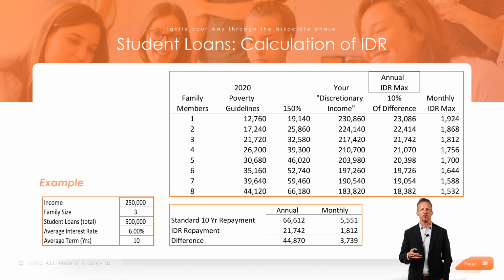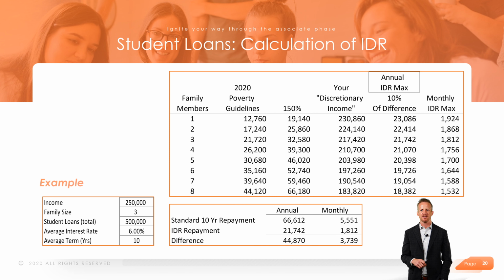If you subtract that $32,580 from your $250,000 of income, you get what the government calls your discretionary income, and that's $217,420. From there, we multiply that number by 10% to get the max that you will pay in your student loan payments for the year.